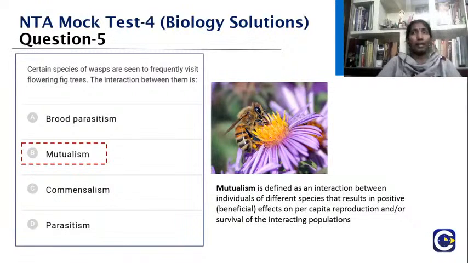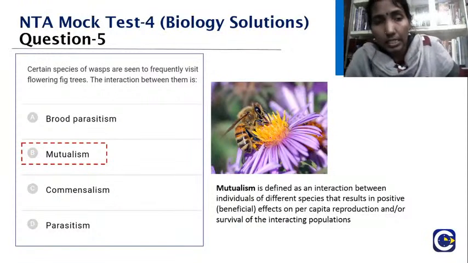It is like I am helping in pollinating, and in turn you are going to feed my young ones. So there is a mutual benefit for both organisms here. The fig offers the wasp some of its developing seeds, like you are helping in pollination and I am giving the payment for it, in the form of a reward. So the best example here would be mutualism.